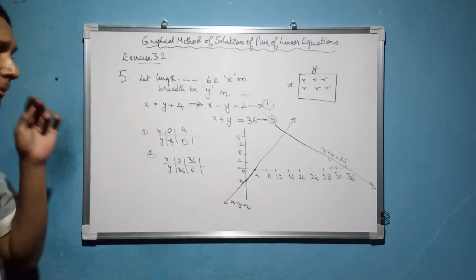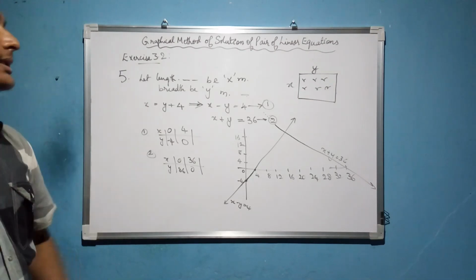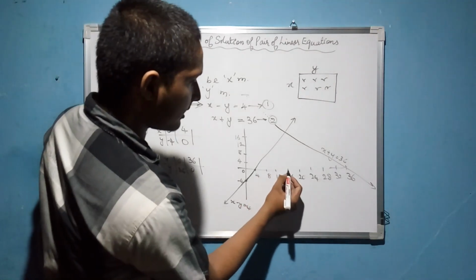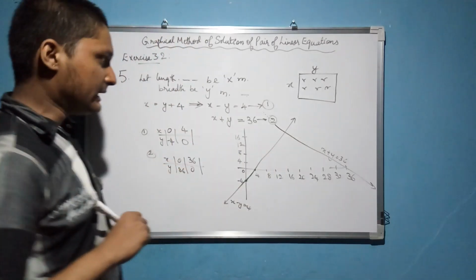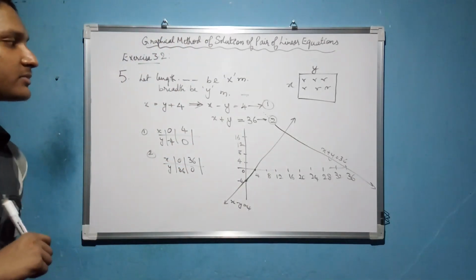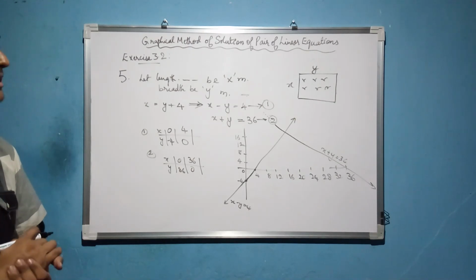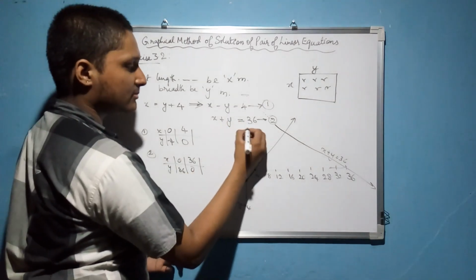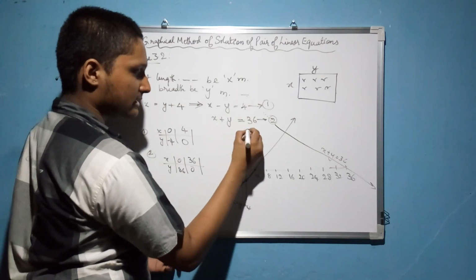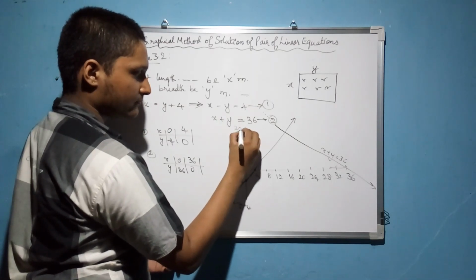Okay, what is the point that is going to be common in this case? This comes to be approximately at 16. Yes, it is coming approximately at 16. So one of them is going to be 16 and the other one is about 16 plus 4, that is 20.